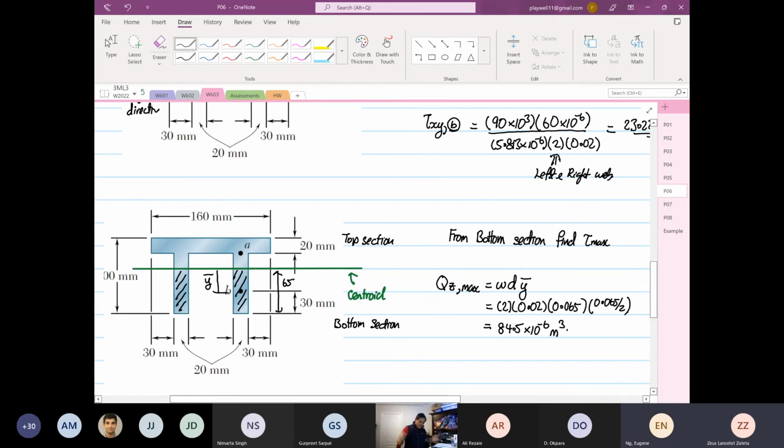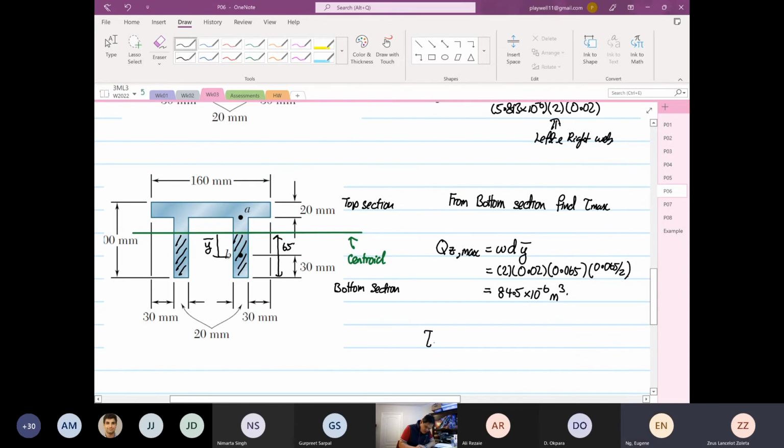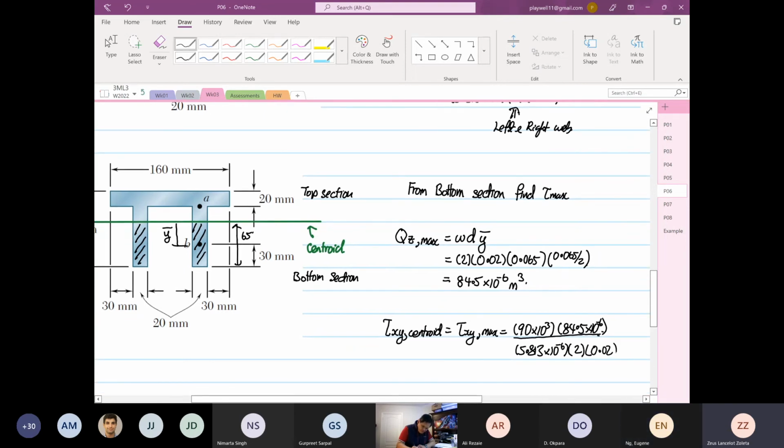So we just plug in the value: the shear XY at the centroid, which is also our shear XY max, is equal to V, 90 times 10 to the power 3, times the first moment of area, 84.5 times 10 to the power minus 6, divided by 5.813 times 10 to the power minus 6, divided by 2 and divided by 0.02.